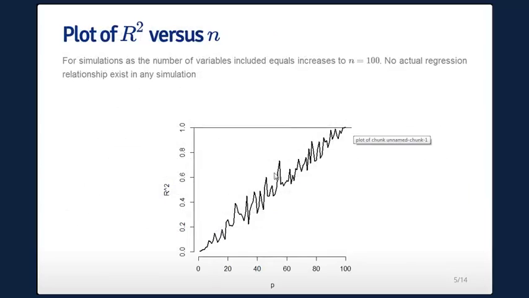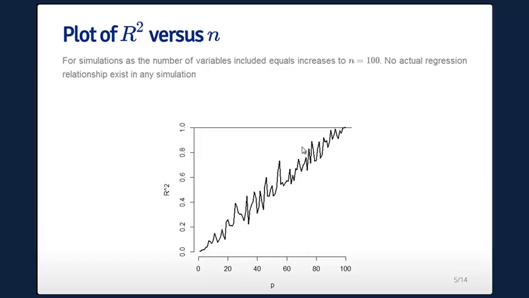So here, just as an example, here's a bunch of simulations for the number of variables included, for n equal to 100. In this case, the way I did it, this is a different set of simulated data for each number of regressors.